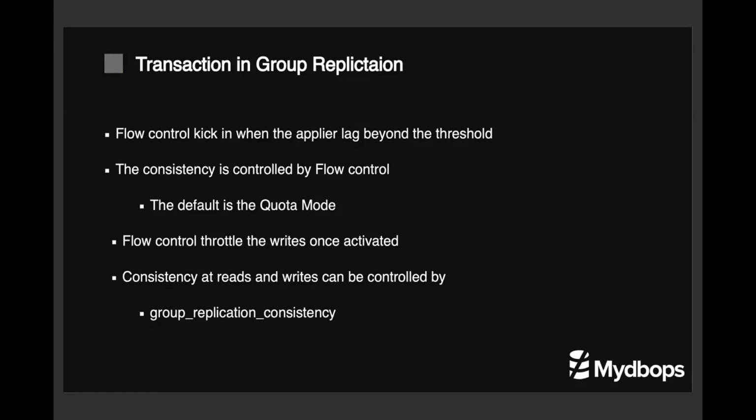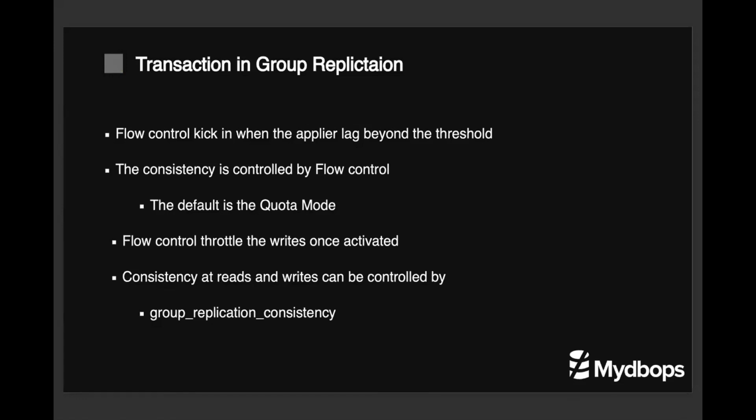The default is eventual, and there are many other modes also. For example, in case of a switchover, a failure or primary switchover, you have to ensure all the previous transactions in the relay log are applied before promoting it as the primary. So that's one of the modes, and there are after and before modes also. So there are different modes.